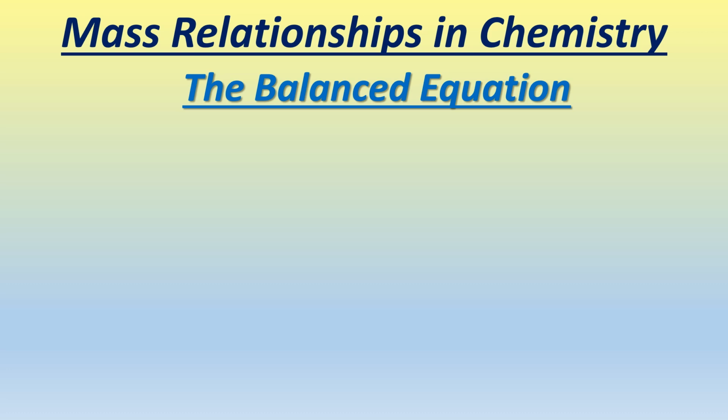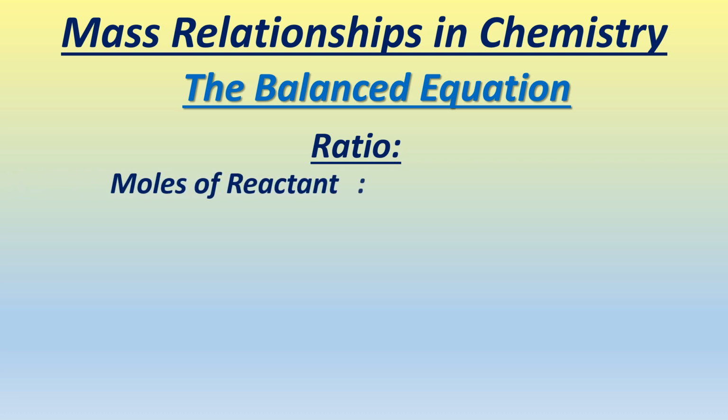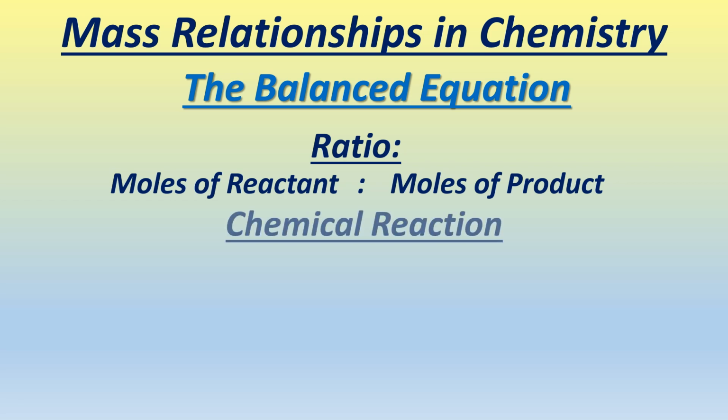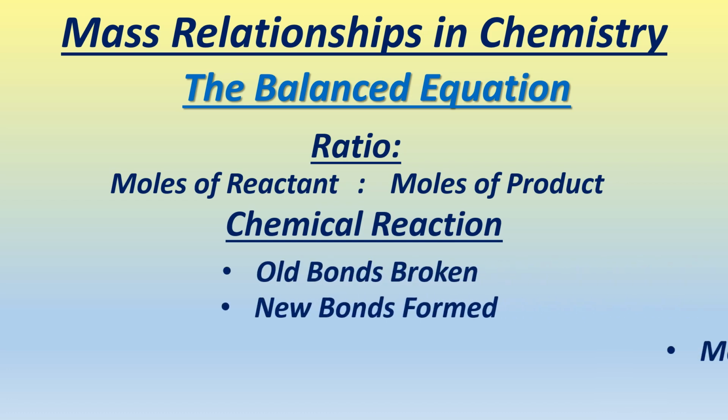The balanced equation is the ratio of the number of moles of reactant to the number of moles of product. It's important to note that in a chemical reaction, one very simply is breaking old bonds and forming new bonds. You're rearranging the elements that one already has. Nothing is created or destroyed, and in a reaction, mass is conserved.